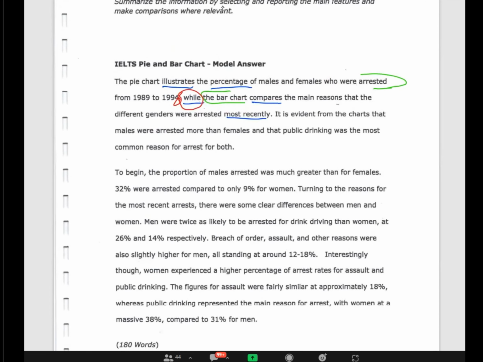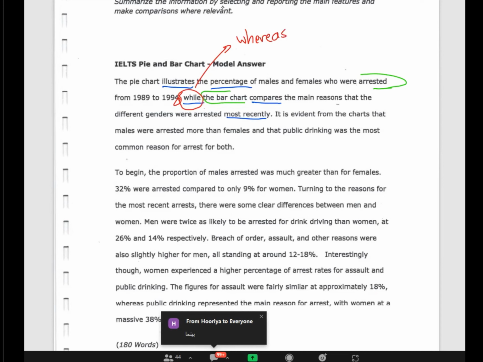What does while mean? What is another word for while? In Arabic it is بينما, yeah, but what is it in English? There is a synonym: whereas. It's different from on the other hand, different, but whereas.